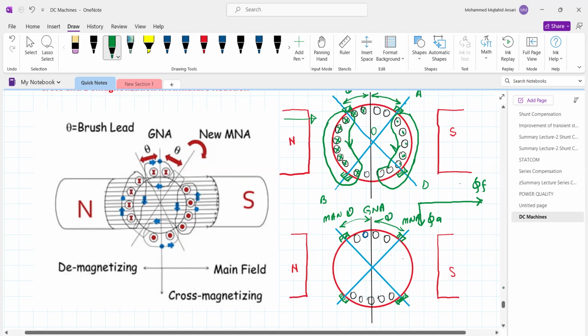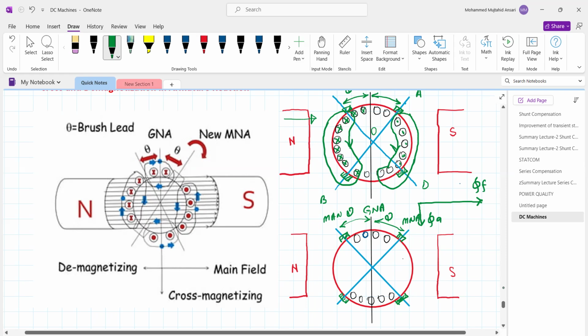But because of the armature reaction, some conductors which were earlier under the influence of the north pole come under the south pole, and vice versa. Earlier, with no armature reaction, those conductors were under the influence of the south pole, and now come under the influence of the north.